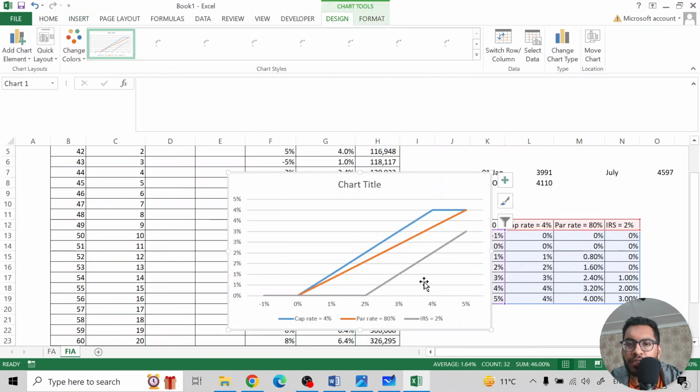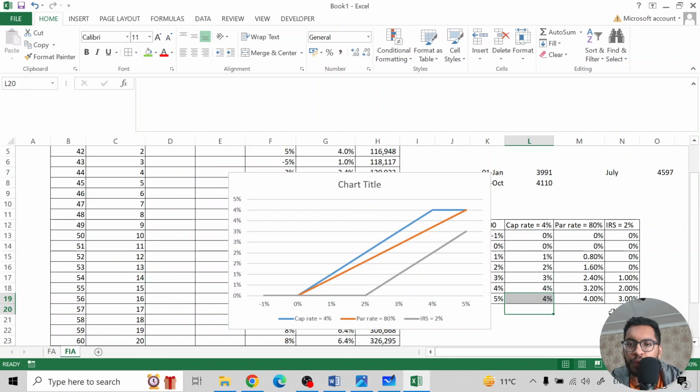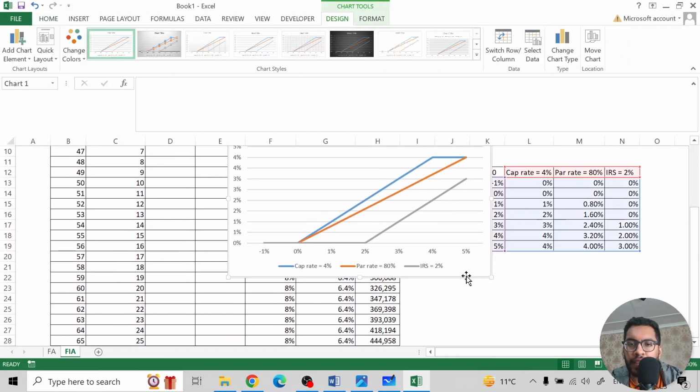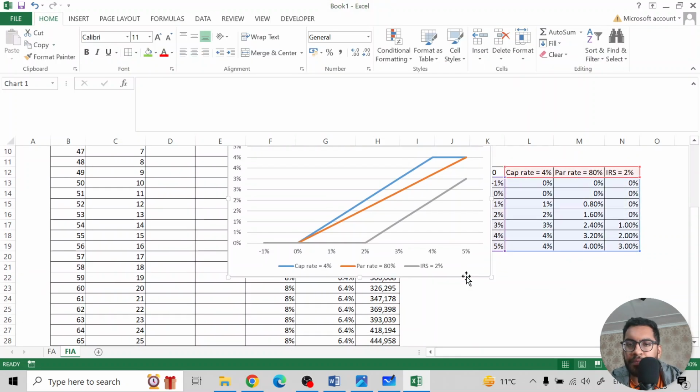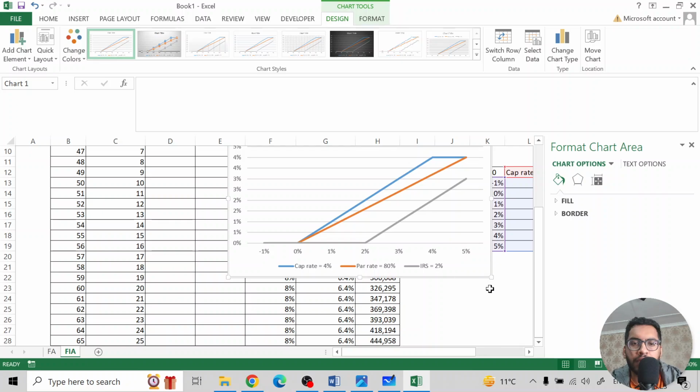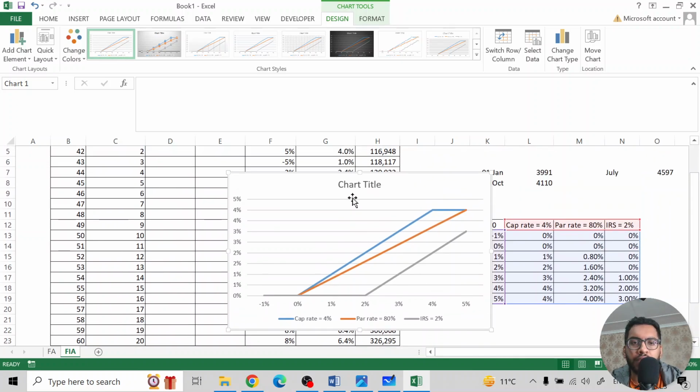I can just show you with the help of the example over here as well. You can see that these are the returns that will be generated by the index, and then how it is being accumulated to your balance. On the downside, there is full principal protection.